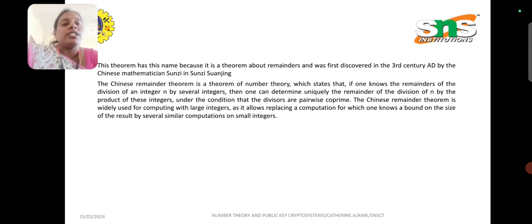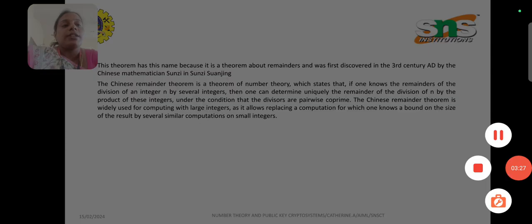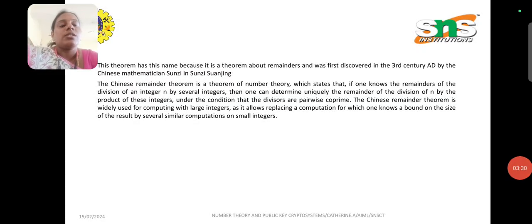The Chinese remainder theorem is widely used for computing with large integers, as it allows replacing a computation for which one knows a bound on the size of the result by several similar computations on smaller integers.